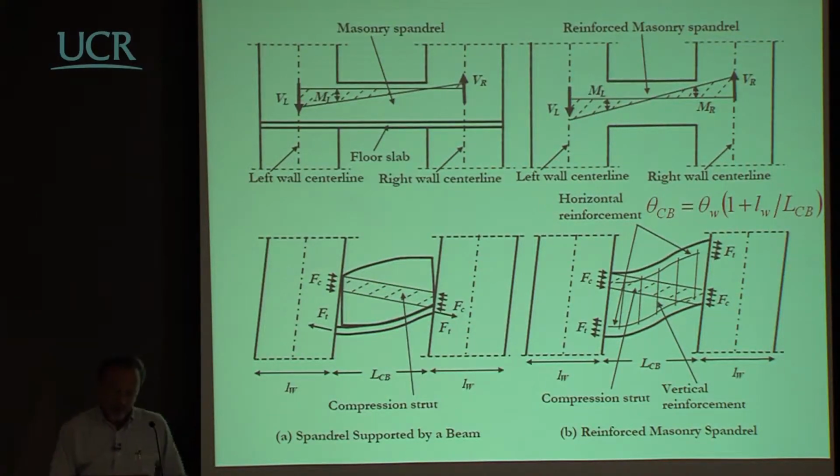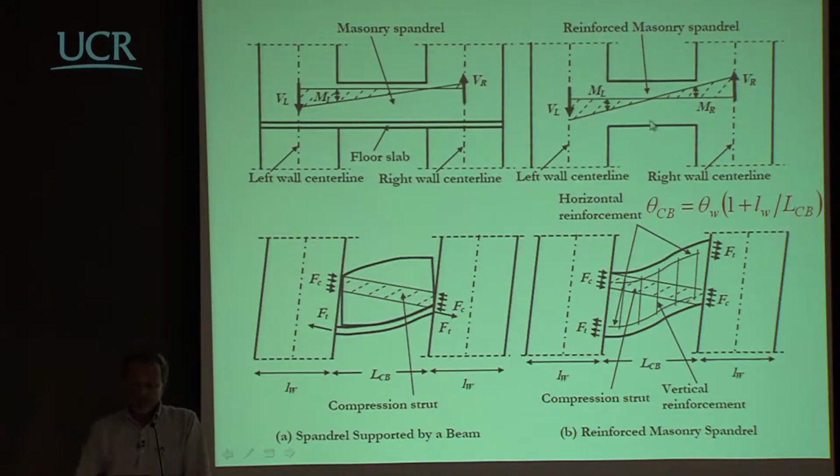What happens is that you have a diagonal compression strut, and on the opposite you have the floor here that should somehow guarantee equilibrium, because here you have a horizontal component, here you have a horizontal component. So the bending moment diagram here will be something like this, where you have a value which is close to 0 at this point, and the value here which is essentially due to the distance between this point here and this point here.